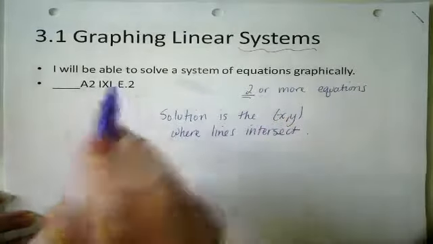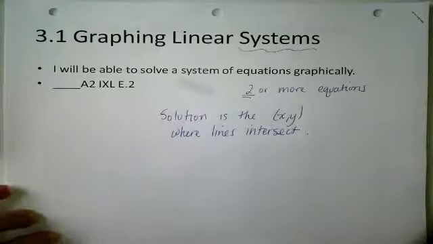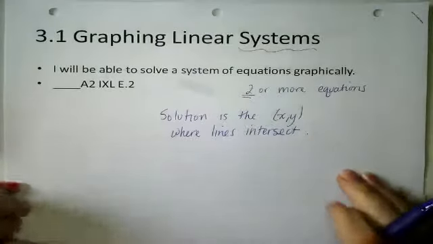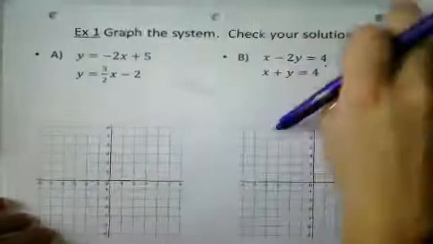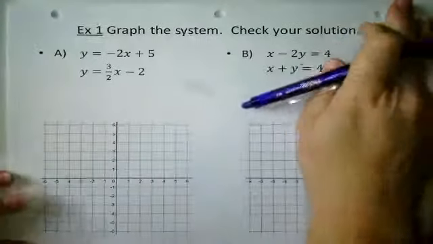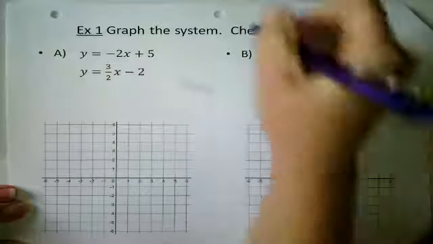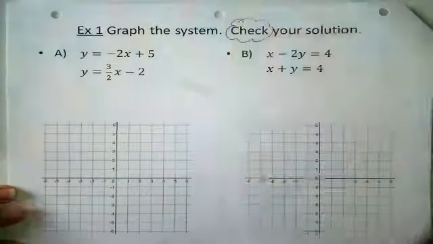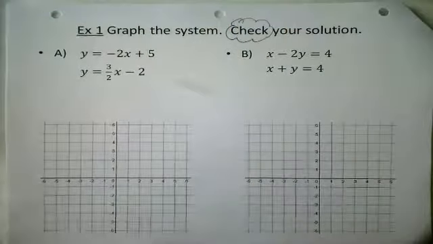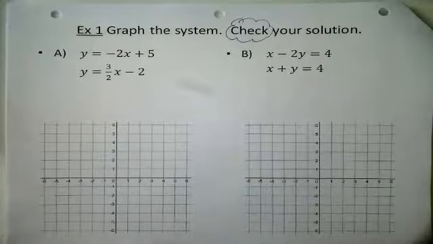This is a great IXL assignment for graphing. It is really going to make sure that you know how to graph lines, and it's quite good. So we want to graph the system, and I'm also going to show you how to check your solution. I want you to focus on checking because this Unit 3 test is a fantastic test for you to be able to get 100% on.